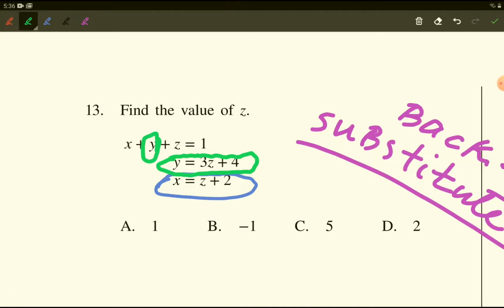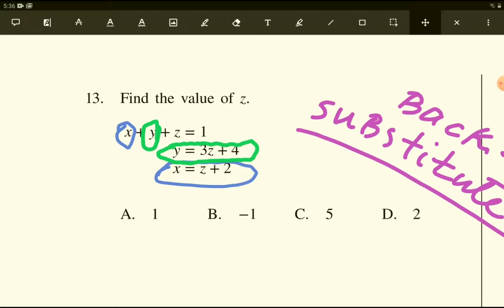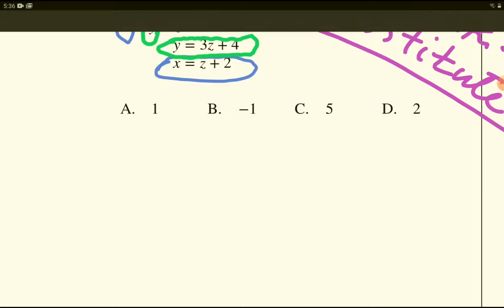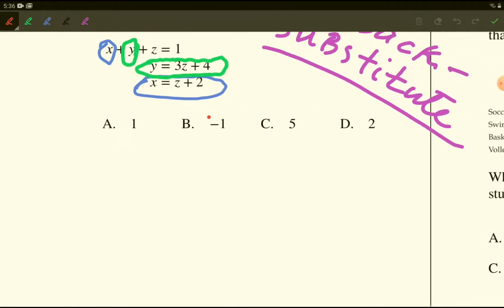Okay, be careful now. And they didn't give us z, so I'm just going to leave it alone. But they want to know what z is. So now I am going to substitute everything into the very first equation.